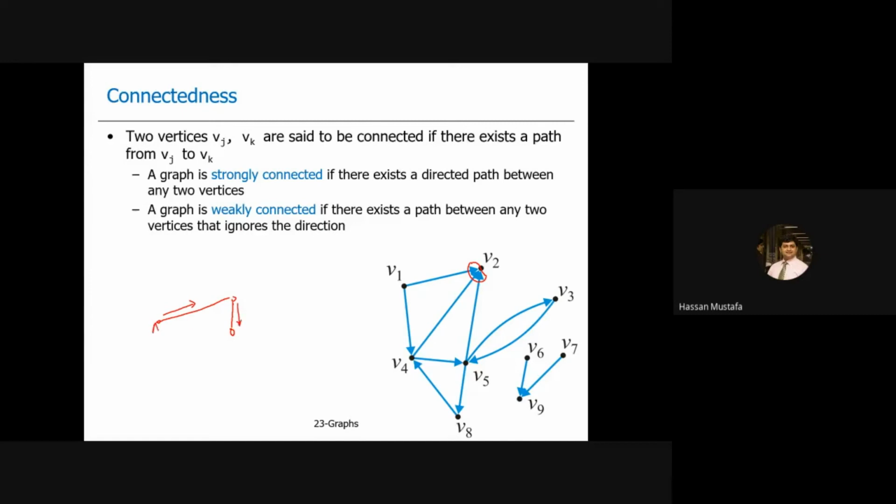So city A was connected to city C, but city C is not connected to city A. For some specific situation, I just drop this direction so that now these roads are not one directional. The traffic can flow in both ways.